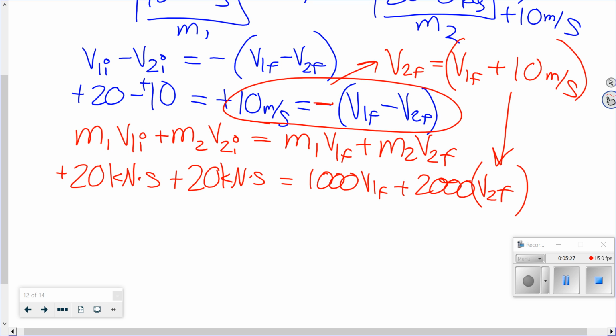Okay? So I'll leave it up to you. You have 40,000 newtons on this left side. Would you divide everything by 1,000 and then do that kind of stuff? That's kind of what I would do. Compute real fast for a minute. What do you think? What's V1 final and V2 final? They don't just trade velocities.